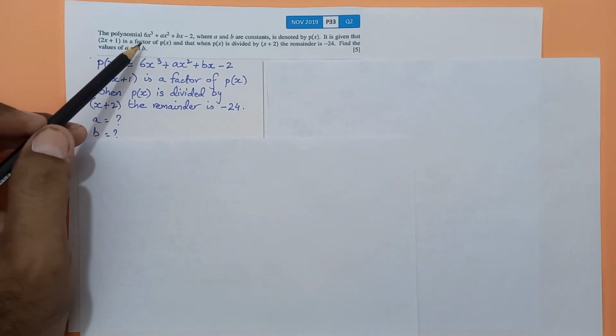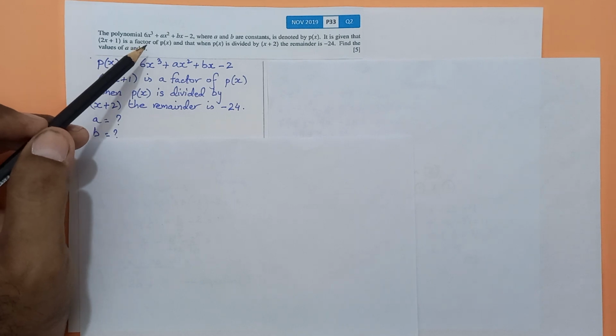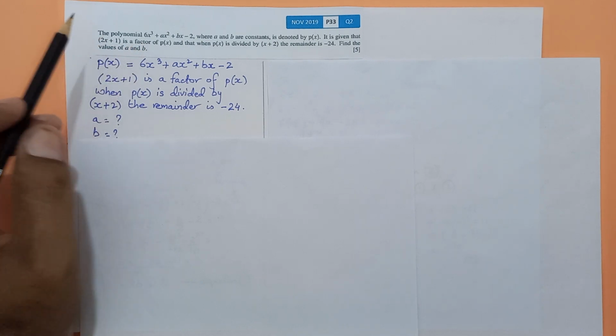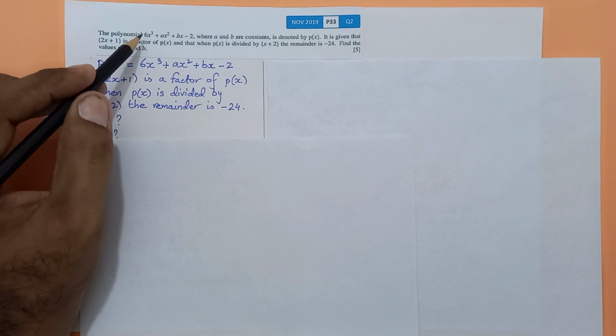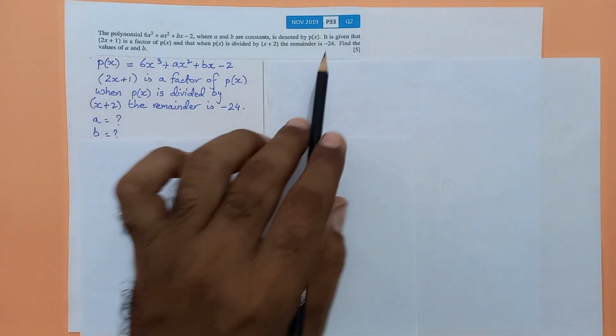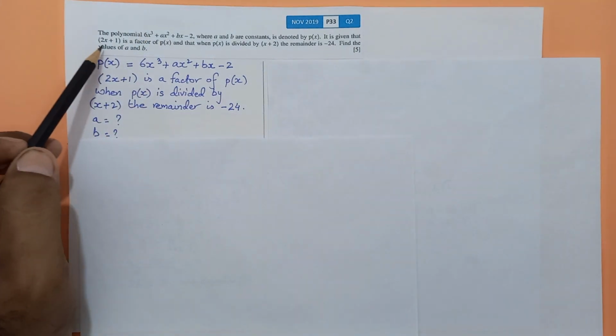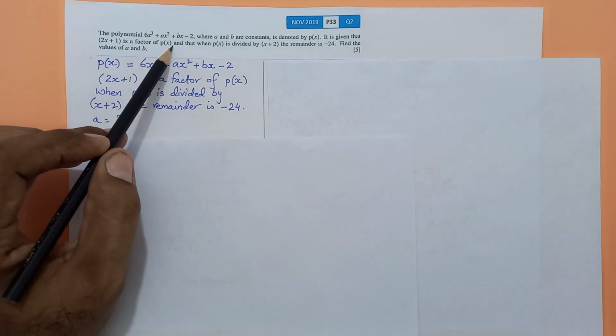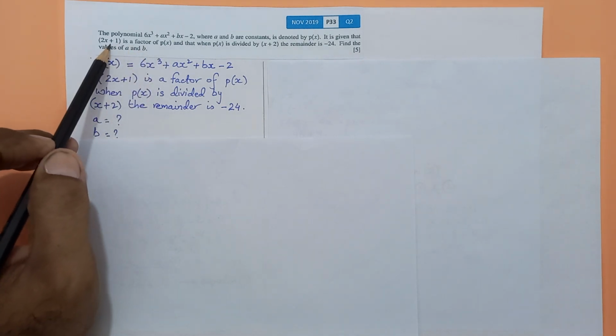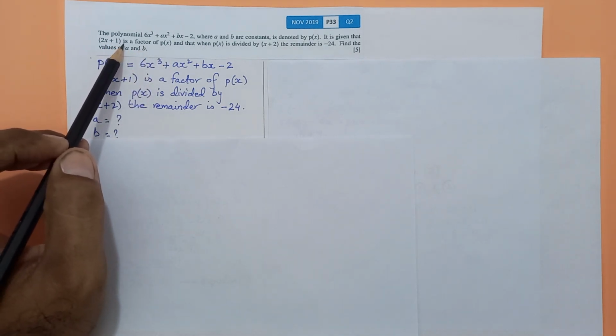Whenever the word factor is used, that means the remainder would be 0, because 2x plus 1 is a factor of the given polynomial. As mentioned in the question, 2x plus 1 is a factor of P(x). That means when it is divided by 2x plus 1, the remainder would be 0.